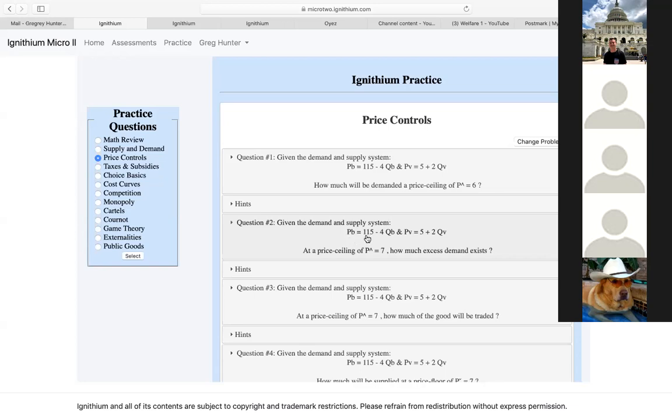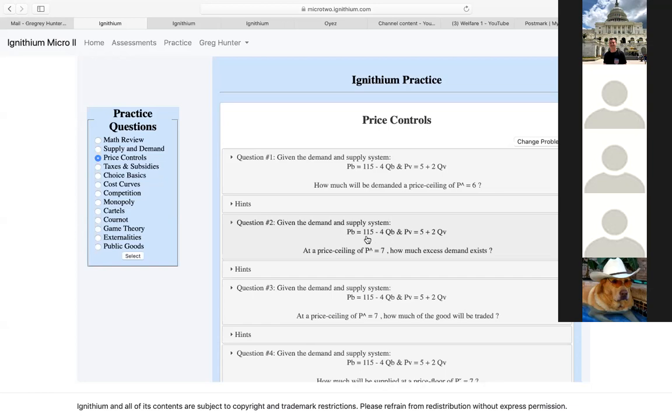Then you'll be able to see the difference between the two. In this case, it's really easy because if I put 7 into the inverse supply function, we get 1. So suppliers are going to want to supply 1 unit, but buyers want to buy 27 units, right? So there are going to be 26 units of excess demand, that is buyers who won't be served by the suppliers. Do you see what I'm saying?